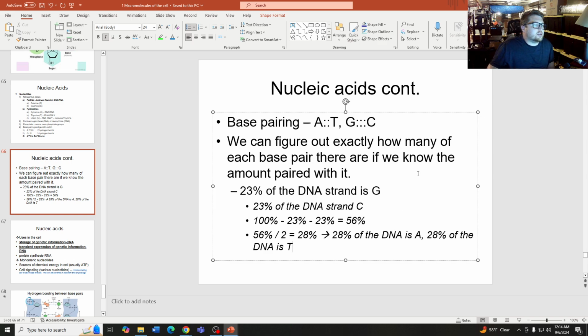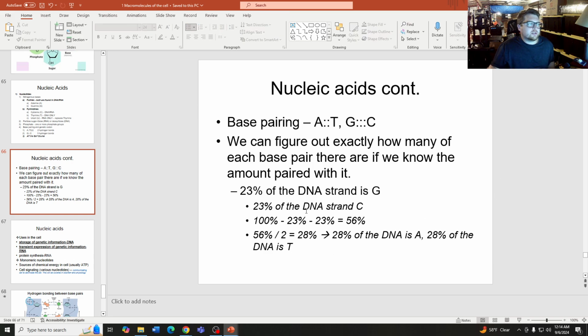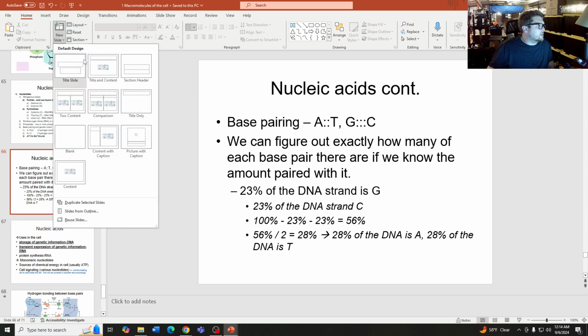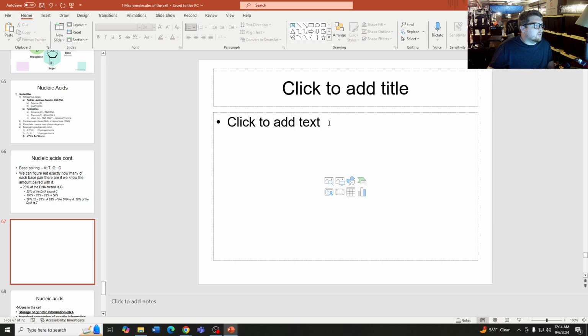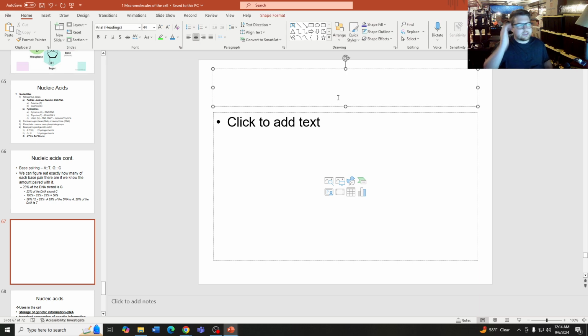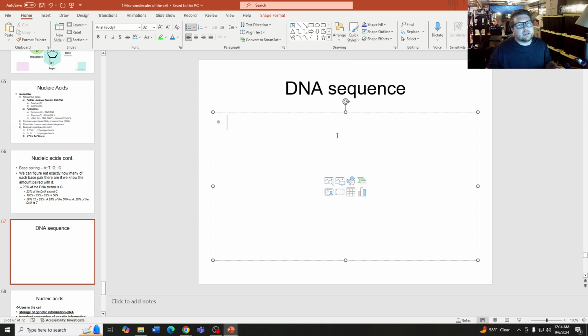You will get questions phrased sort of like this, where let's say you have this percentage is this. What percentage of the DNA is whatever. You can also get questions talking about the sequence itself. This is thinking a little bit further ahead. This is going to connect some ideas with what we call transcription and translation, and more base pairing.